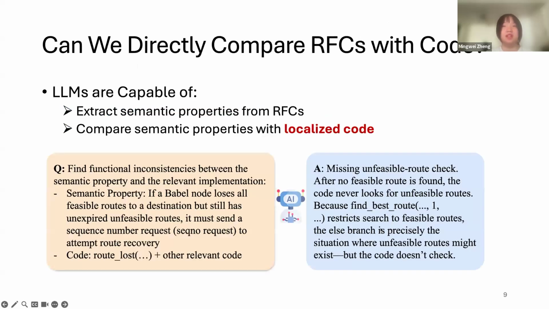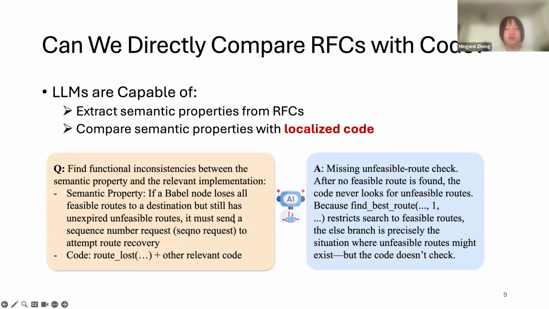We can see how a language model solves the motivating example here. For this Babel functional bug, we give it the extracted property, which is about checking of the unfeasible routes, and also the relevant code, which is a function named route loss and some other relevant code.